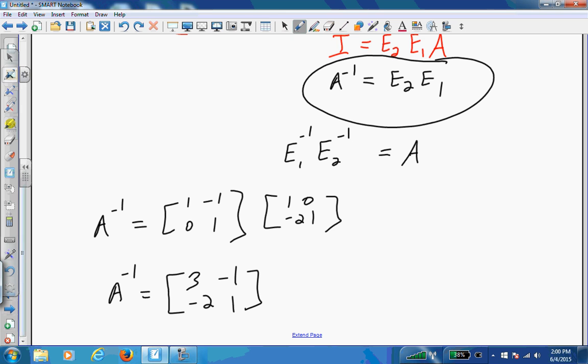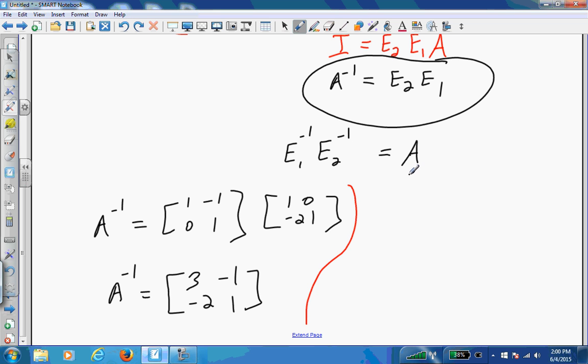Our inverse, so let me just double check. Row times column, 1 plus 2, row times column, 0, negative 1. Row times column, 0, negative 2, row times column, 0, 1. So yes, that's A inverse if we did everything correctly.